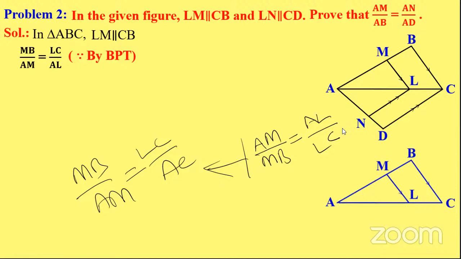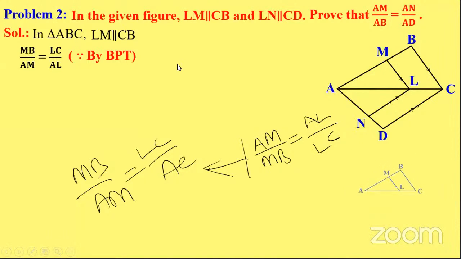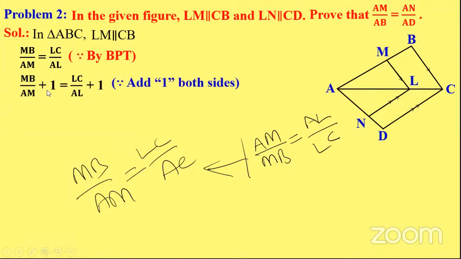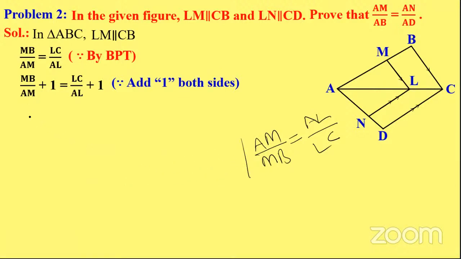So now add one to both sides. Adding one on both sides, on the LHS, AM is the LCM. AM divided by AM is 1, 1 into MB is MB.